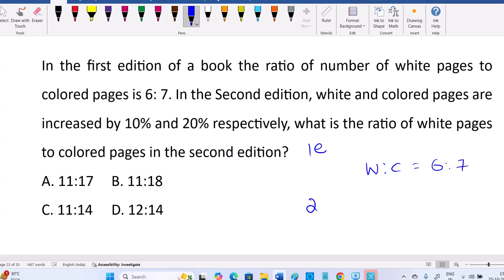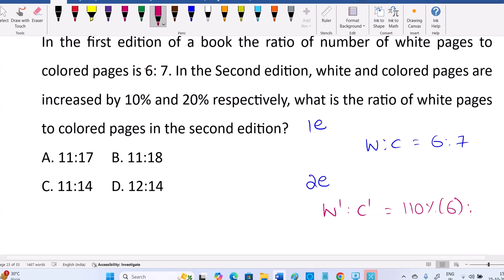In the second edition, 2E, they want to increase white pages by 10% and color pages by 20%. A 10% increase means 110% into 6, and for color, 120% into 7. That gives 5 and 7, which is not there in the options.